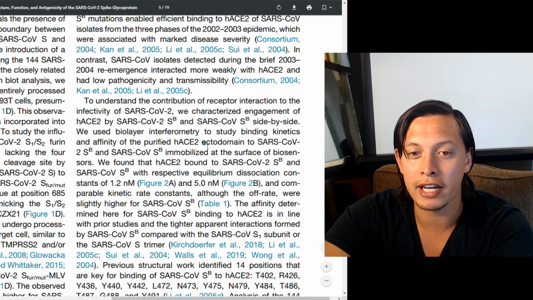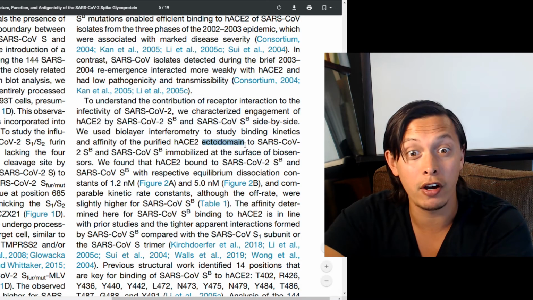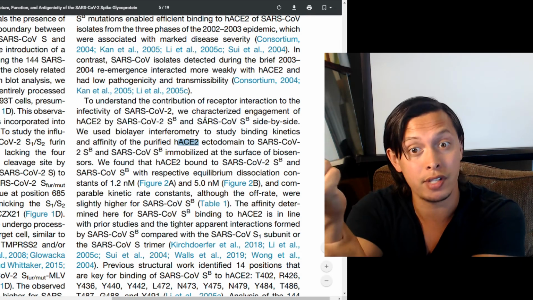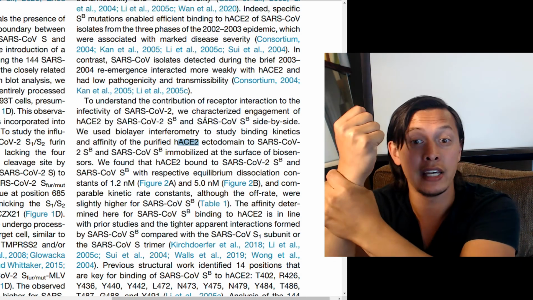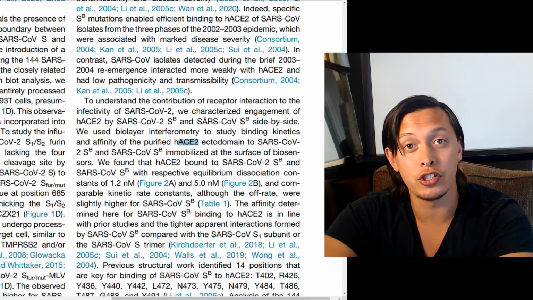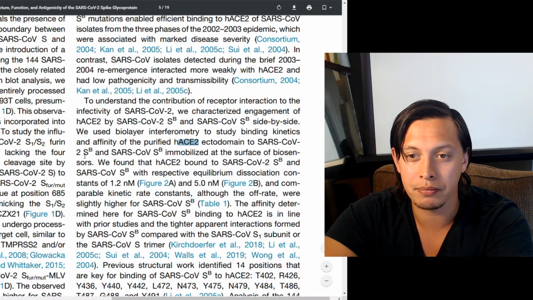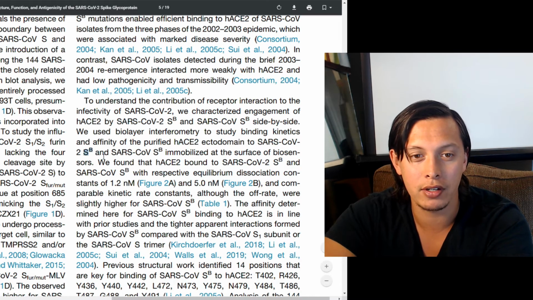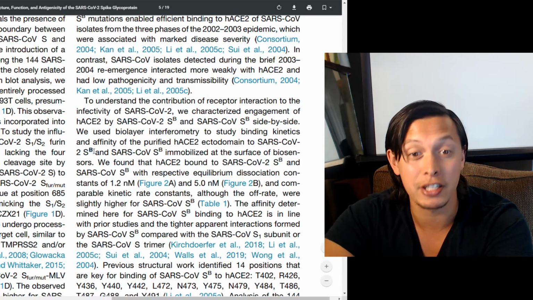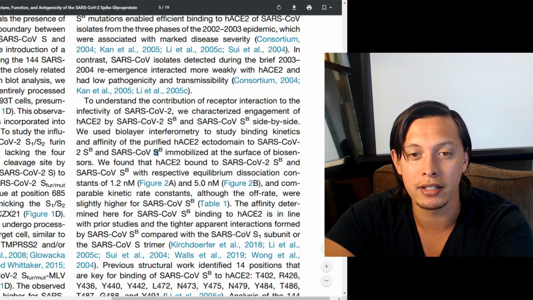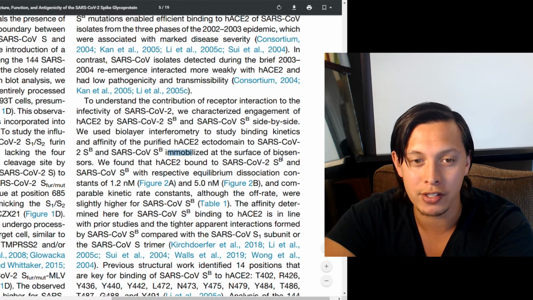The ectodomain is the part of the human ACE2 receptor that sticks outside of your cells. So they just took the outside portion to do this experiment. To the SARS coronavirus 2 S-SUP, and these are, I'll just say the binding domains, and the SARS coronavirus original binding spike domain immobilized at the surface of biosensors.